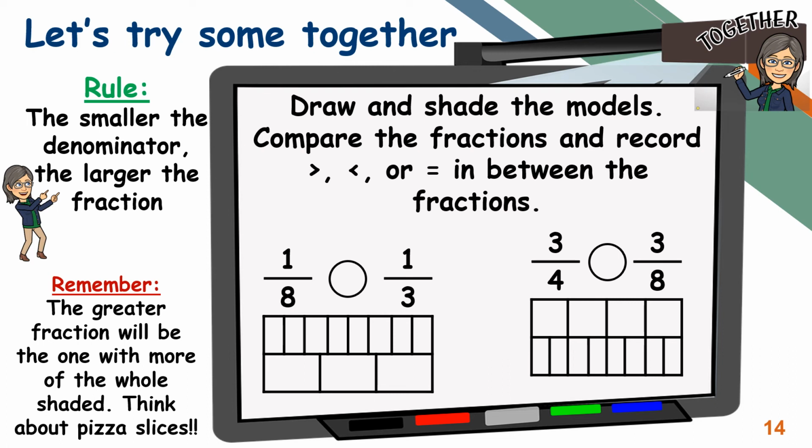Go ahead and work these two problems now, and when we finish all the problems, we will check them together. Remember to think about pizza slices as you do your work. I will read each number sentence from left to right so you can check your answers.